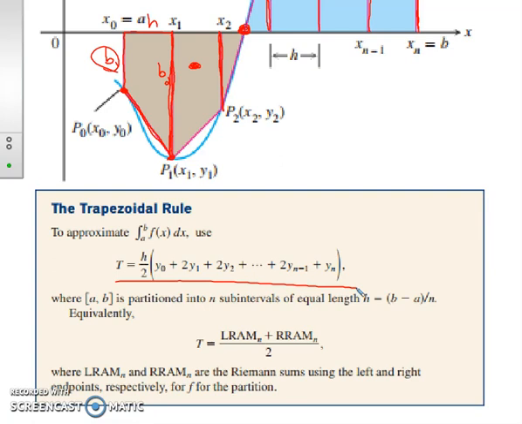If they were not equally spaced, you couldn't use this streamlined approach. But look at how the streamlined approach works. You take whatever that height or that change in x is, divide it by 2, and then you add together all of the y values. Only the first and the last y value get used one time each, and all of the y values in between count twice because they're in two trapezoids. So that's your streamlined approach.